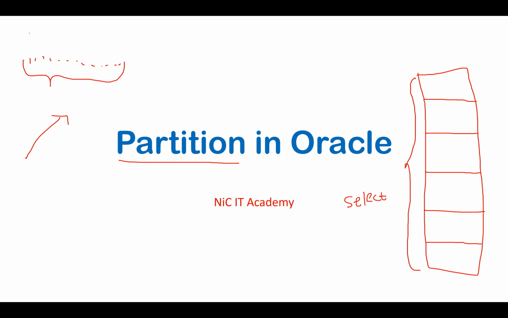Instead, he has partitioned it like this. Definitely it will be partitioned, in all the stationery shops and everywhere. If you're asking for an iPhone, they will go directly to this particular rack. Even inside that you'll have a lot of partitions, correct?